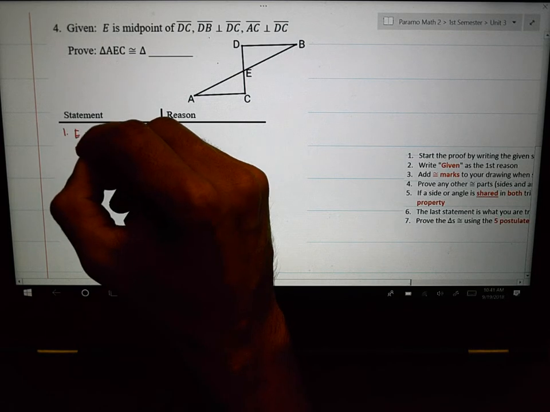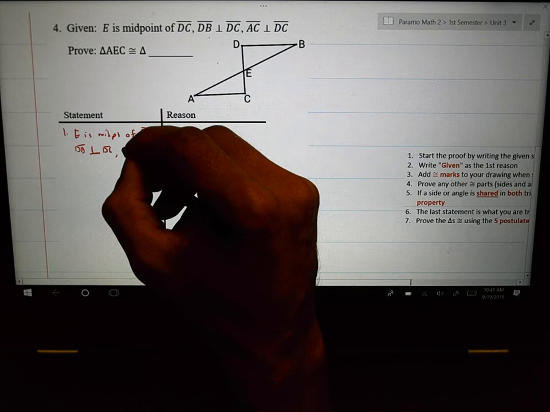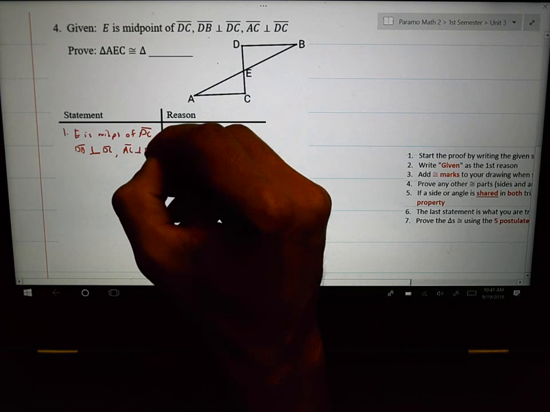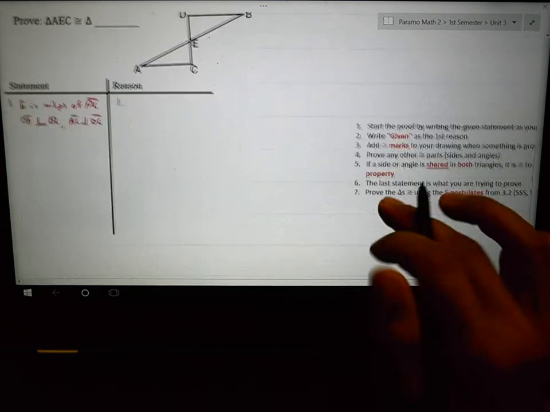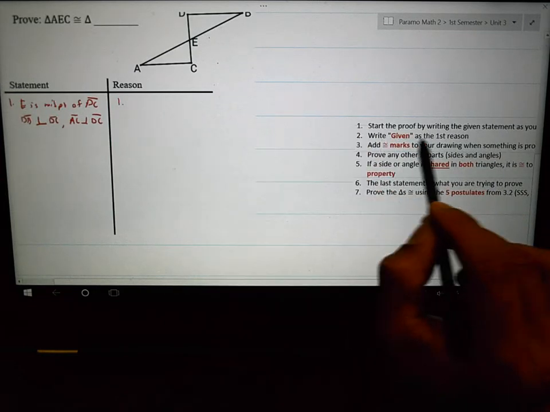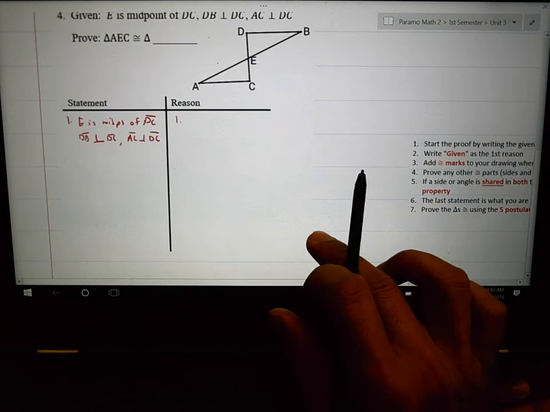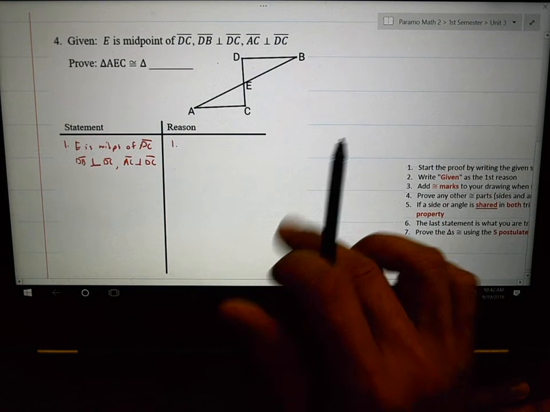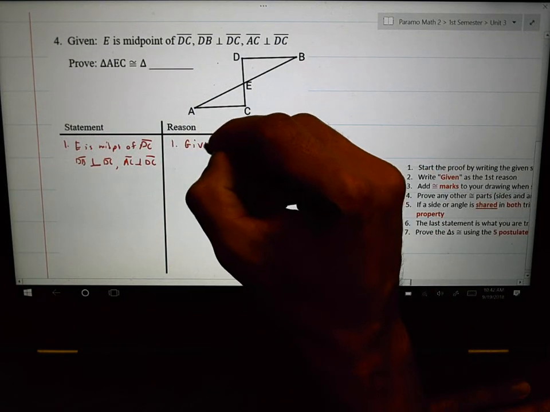Then DB is perpendicular to DC, and AC is perpendicular to DC. I'm hoping by now we know what the first reason is, and if we don't know, we can look at those 7 steps that we had written down in a previous set of notes. But our first reason is always given.